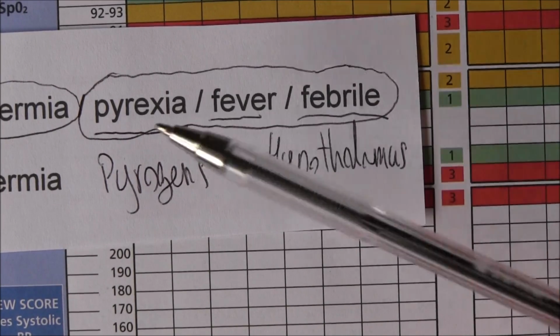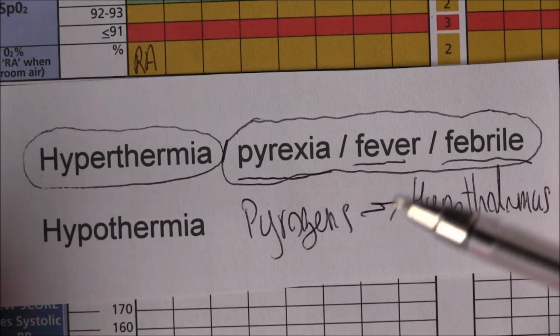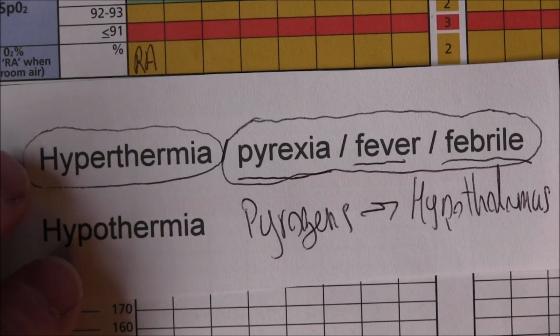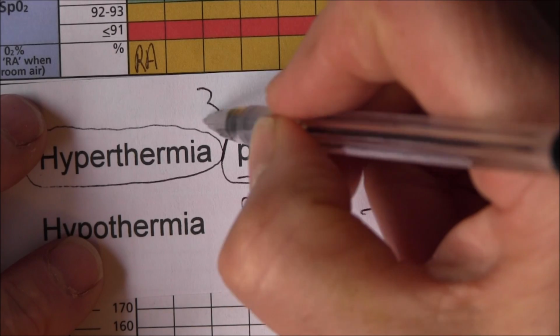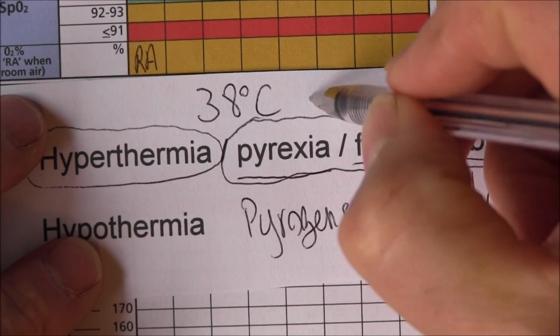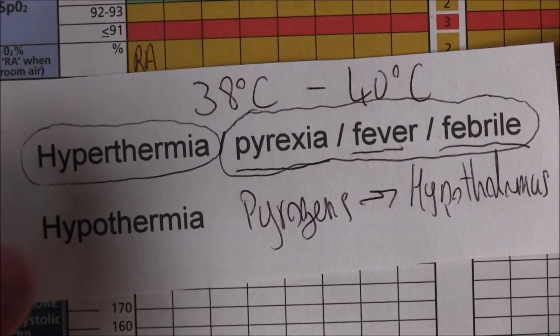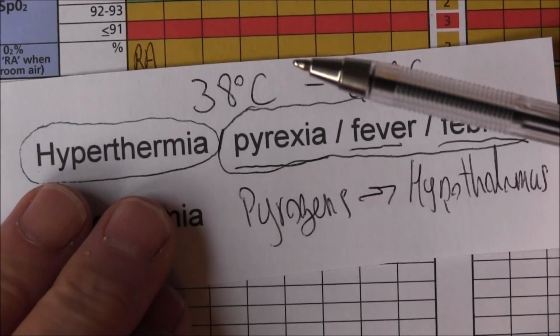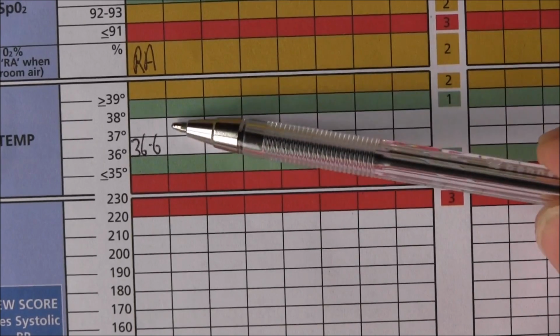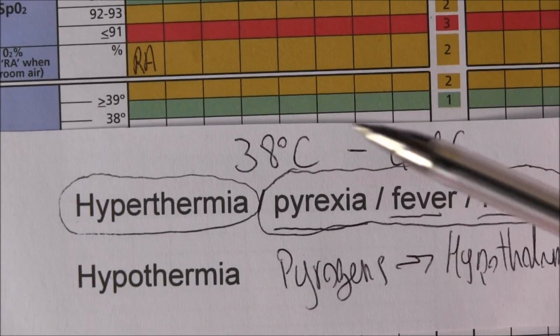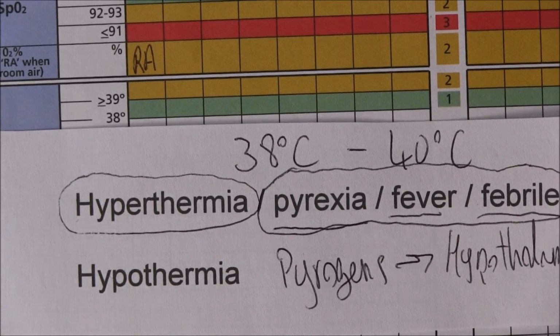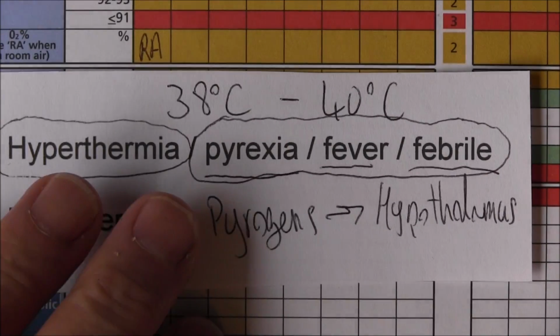And the reason for this is the immune system works best at pyrexial temperatures. So in most situations the immune system is working best between 38 degrees centigrade and 40 degrees centigrade, or even more. So remember, the immune system's working better at pyrexial temperatures than it is at normal temperatures. The body has done this quite deliberately via this pyrogen hypothalamic mechanism.